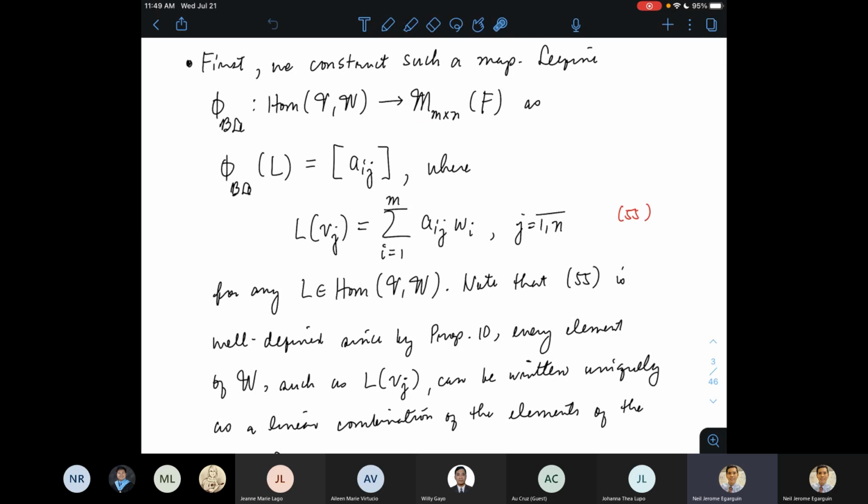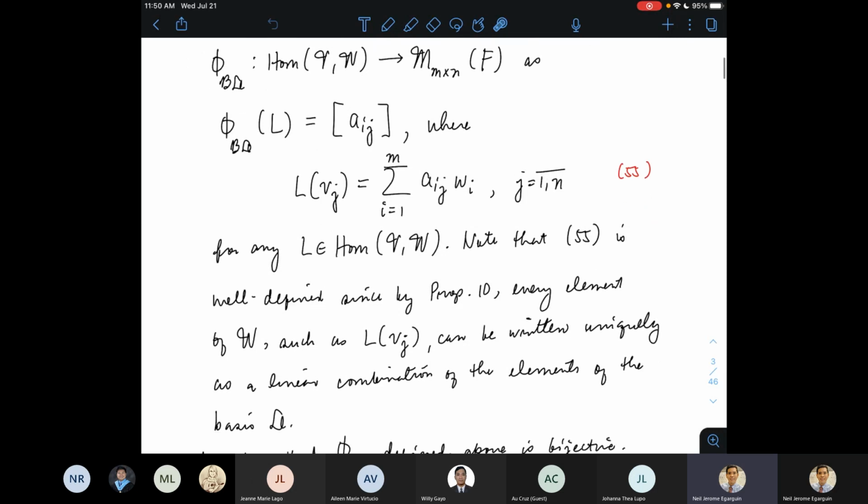Now I mentioned earlier that this expansion is unique, right? That's one of the theorems we have. If you have a basis, there will exist a unique expansion for any vector in the space with respect to the basis chosen. So that means the Aij's are uniquely determined for each of the Vj's, making this matrix well-defined. Okay, so indeed phi is a well-defined function.